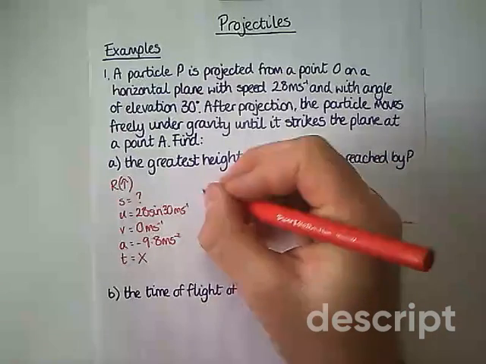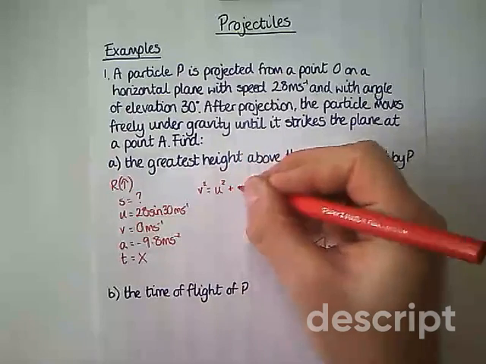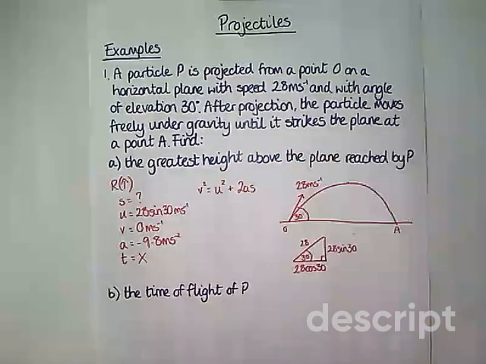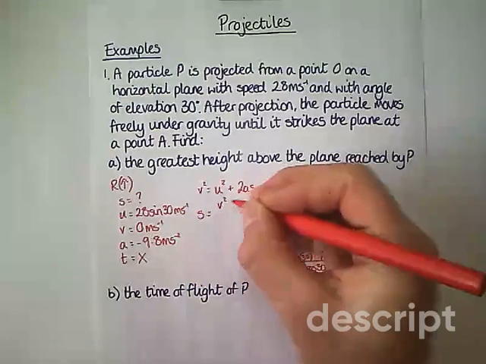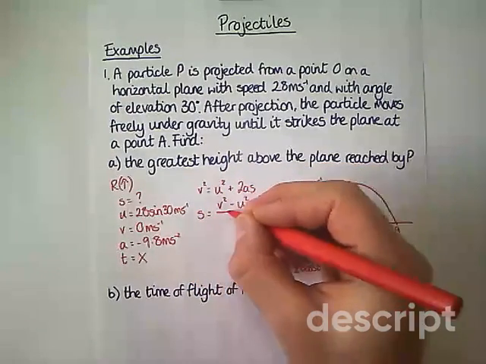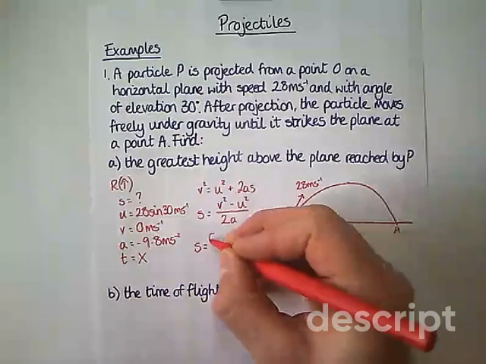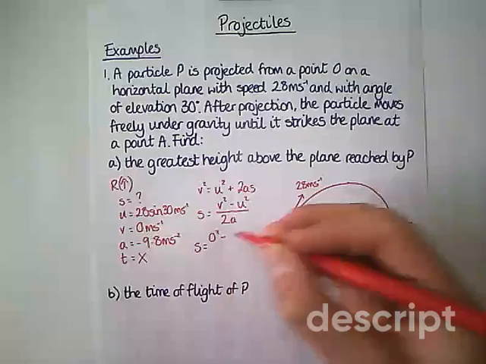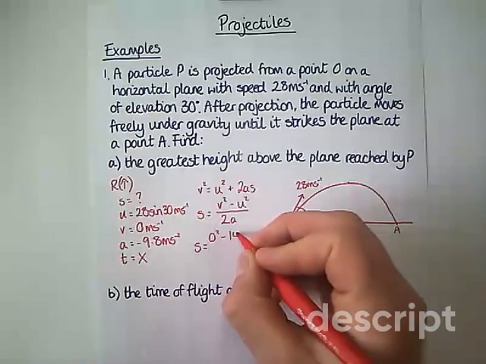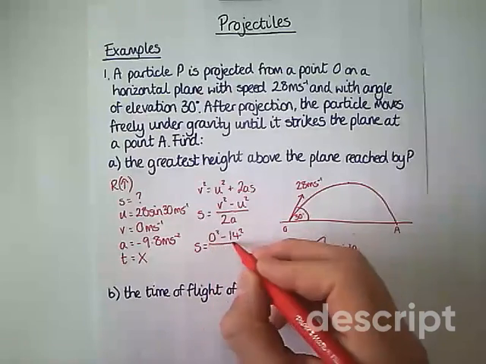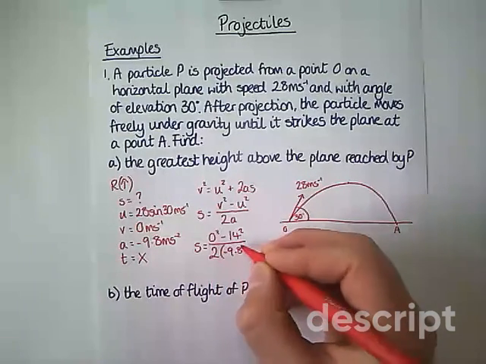So that is going to be v squared equals u squared plus 2as. And we're trying to find s, so let's rearrange. We get v squared minus u squared over 2a. So s equals 0 squared minus, now sine 30 is a half, so that's going to be 14 squared over 2 times minus 9.8.